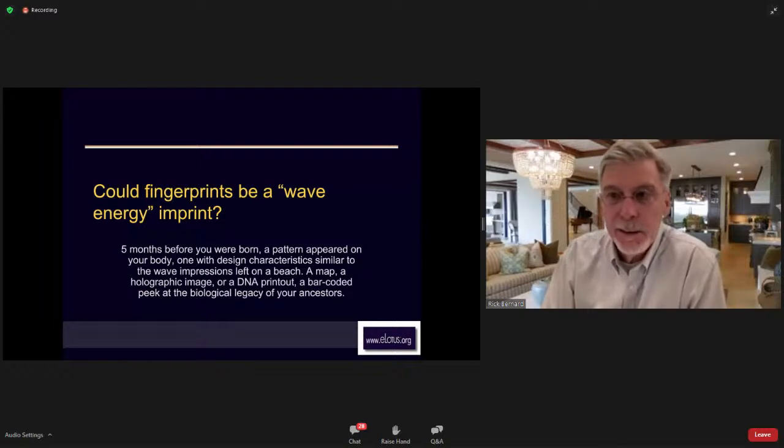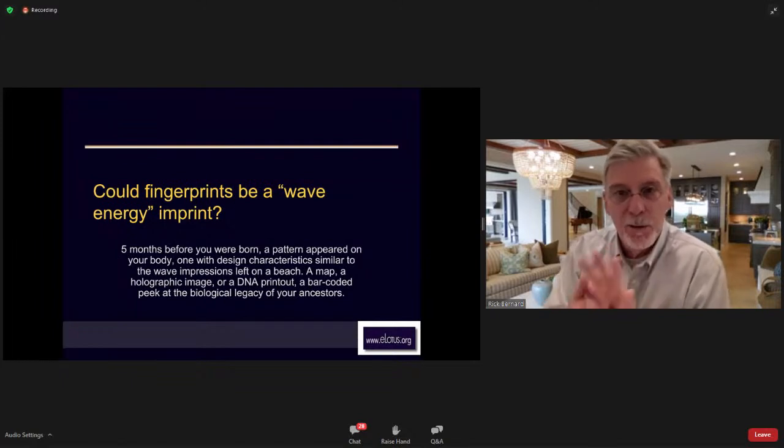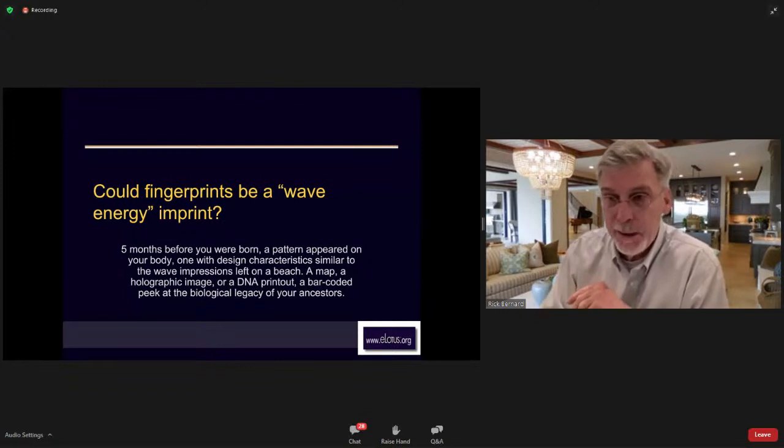Why would we not carry on emotional stuff that our ancestors had? It makes sense that would carry over as well. And that's kind of what this is based on a bit. It's kind of an ancestral influence that's caused these specific fingerprint patterns to form on certain fingers in our hand. Okay, we'll try to think of it that way.